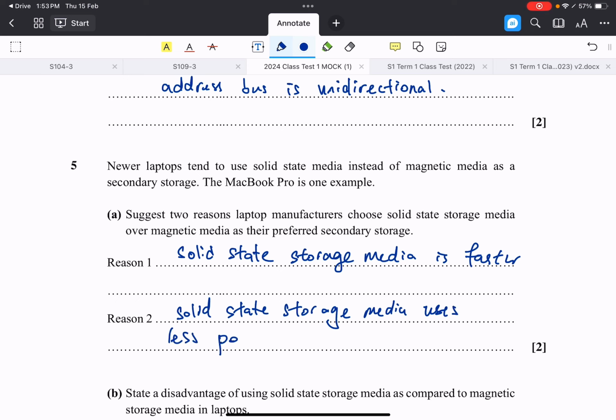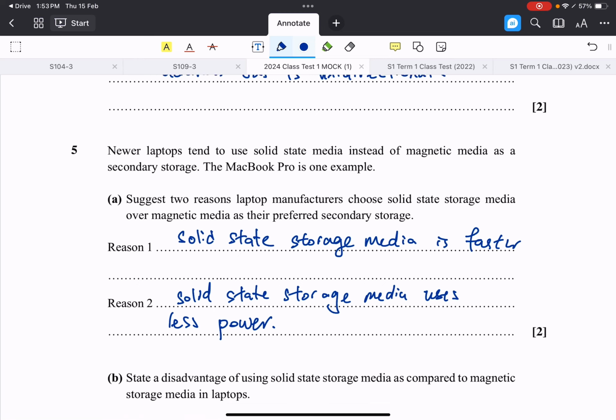So that's some of the main advantages. Other advantages that you can write are that it makes less noise, because some magnetic media can be quite noisy if they're not put together properly. And of course any other advantages that are reasonable, you can just state them down, but these are the 2 most common ones that I believe most of you will have written, right?